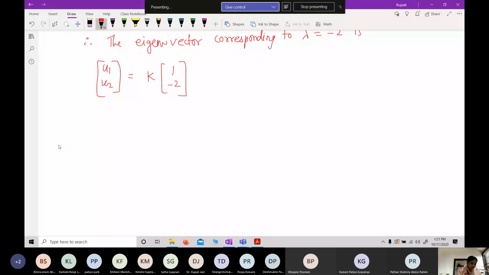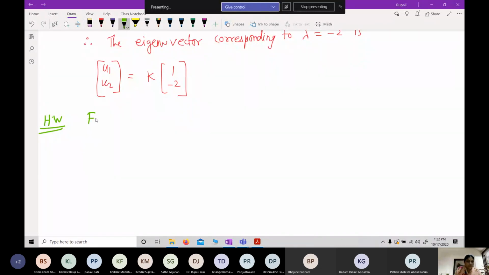Let me give homework. Find the spectrum and spectral radius. Also find eigenvectors.